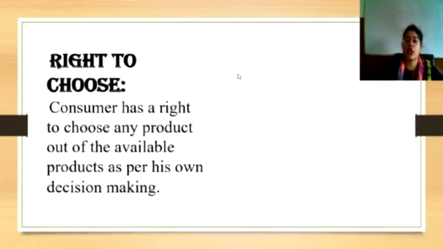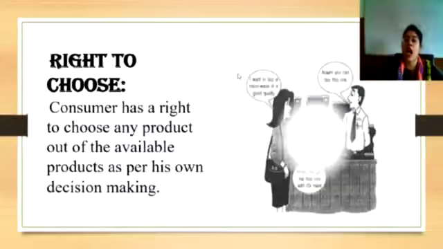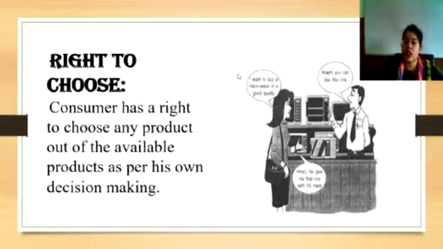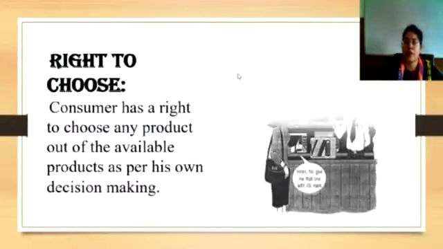Consumer has the right to choose any product out of the available products as per his own decision making. It means no seller can pressurize the consumer to buy this product or that product.